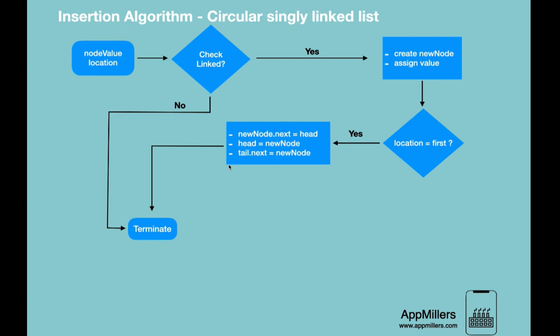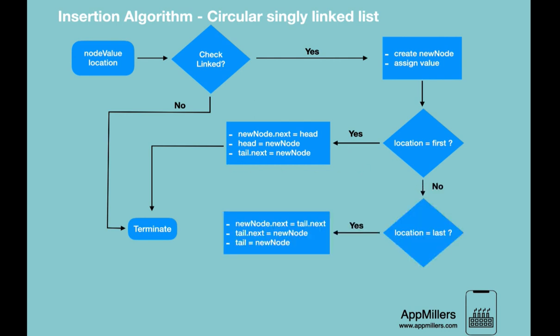Then we continue to the next condition, in which we check the location parameter again. If the location parameter is equal to last, it means that we want to insert a new node at the end of the circular single linked list. In this case, all we have to do is create a reference from the newly created node to the first node. We know that tail's next reference points to the first node, so we update the new node's next reference to the first node.